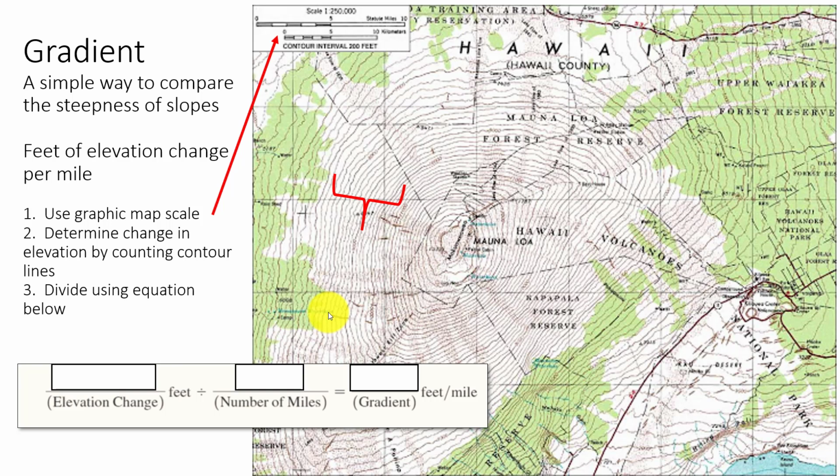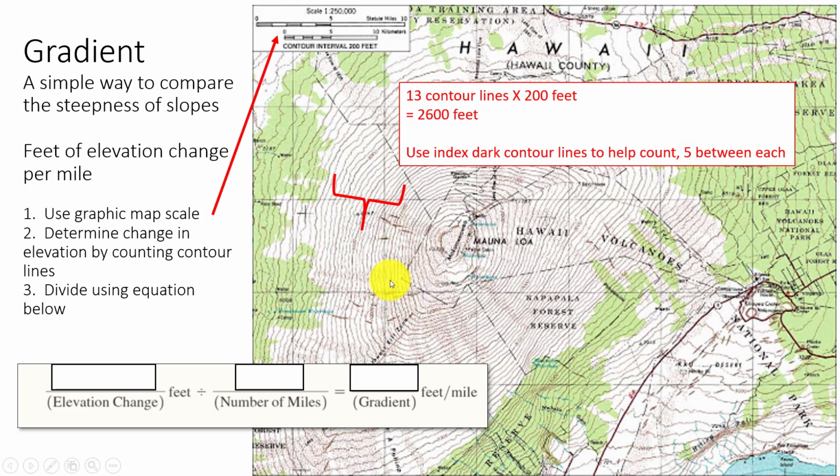Now, if you don't have a ruler, you can use a piece of paper, line it up with your map scale, and if they ask you, for instance, to estimate 5 statute miles, you would use this amount of the map scale, mark that on the edges of a paper, and then lay it down on your map, and count the changes in elevation by counting the contour lines.